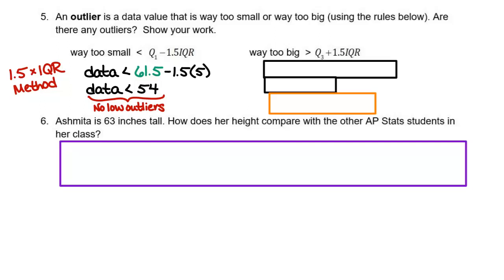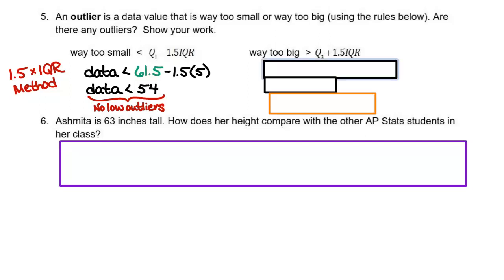To check to see if there's any high outliers, we need to go to the other end of the box. So we're going to go over to Q3, and we're going to move farther to the right. So we're going to add on to the right side, and we minus from the left side.